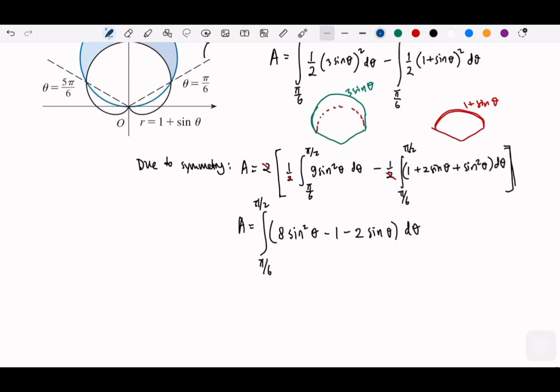So what we have here is 8 multiplied with half minus cosine 2 theta over 2. So the area will be 8 over 2 is 4, so this will be 4 minus cosine 2 theta over 4, right?